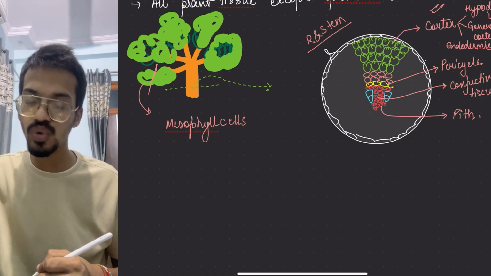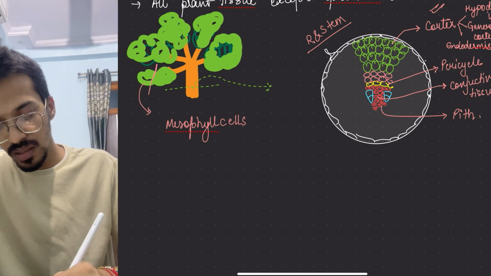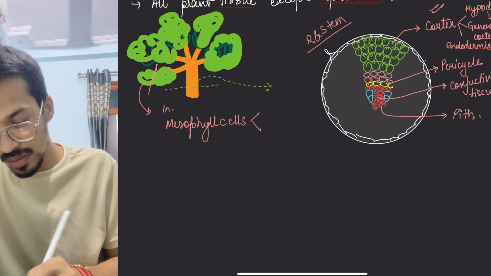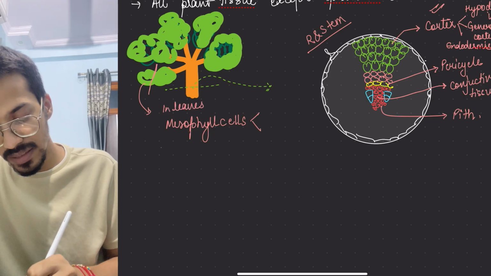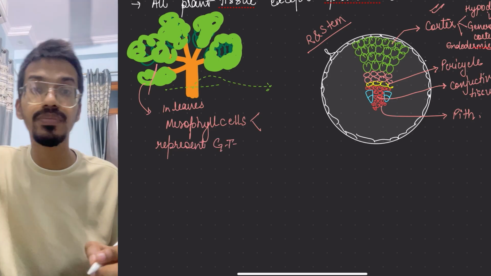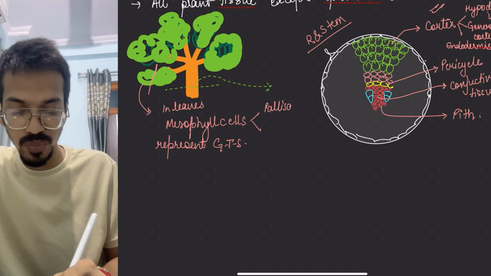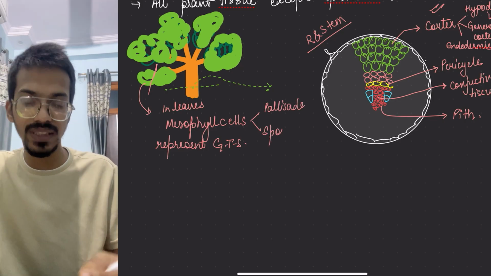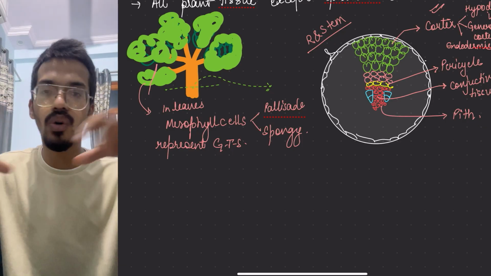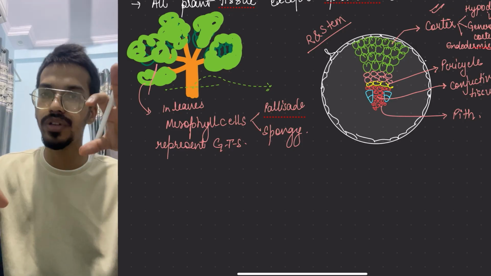There is no pith, no pericycle, no conjunctive tissue. So in leaves, mesophyll cells represent the ground tissue system, and these mesophyll cells could be palisade mesophyll cells or spongy mesophyll, which is a type difference of the cells. That too in the dicots. In monocots, it's all spongy cells. This is about the ground tissue system.